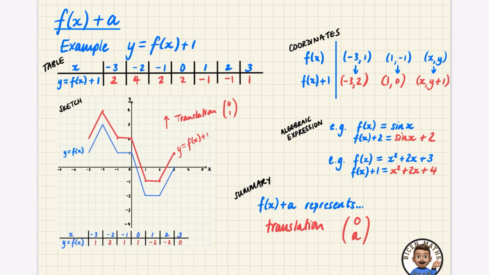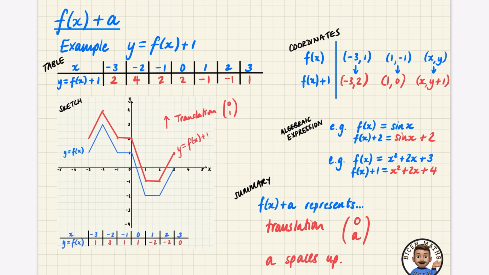As I said, it represents a translation (0, a). What that really means is it moves a spaces up. If it were a negative value for a, of course, it would be moving a spaces down. But in general we would just say that it's in this notation (0, a).